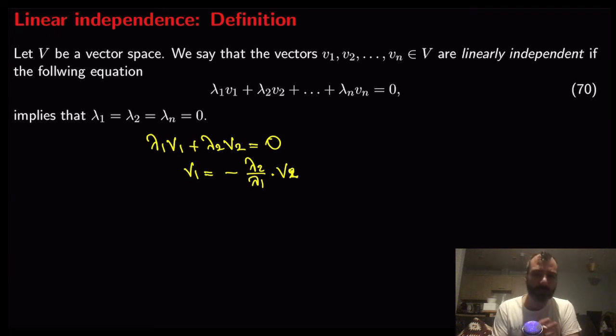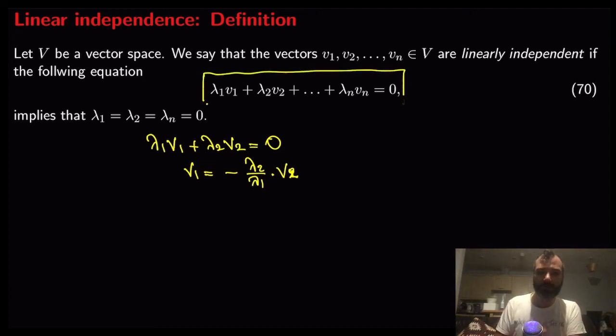It is a number times v2. So I can simply get rid of it. I can eliminate it. v2 suffices to describe linear combinations of v1. So I don't need it. So that's the meaning of linear independence. It says that if a linear combination is 0, the only way for this to happen is for all coefficients to be 0.